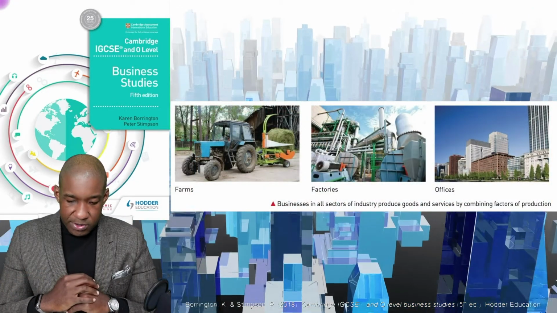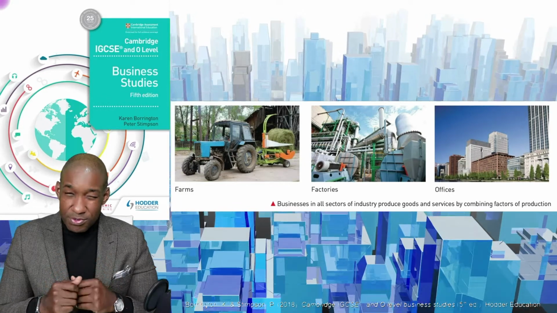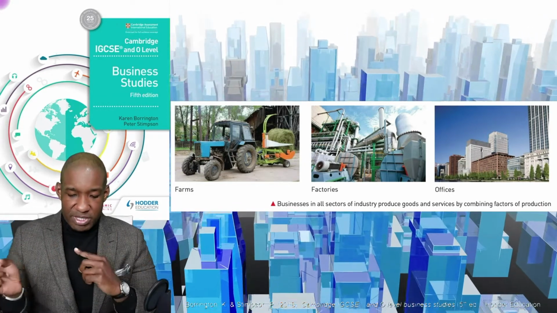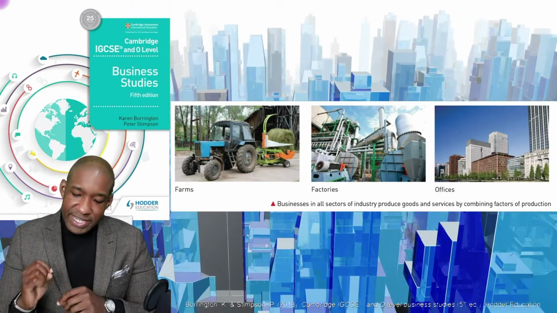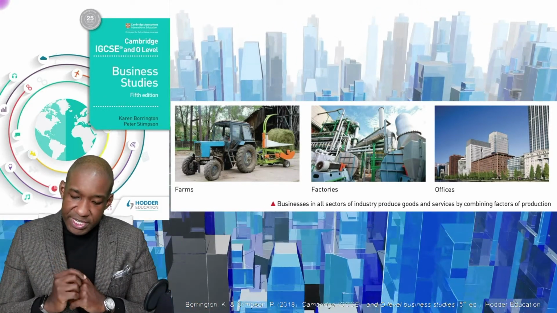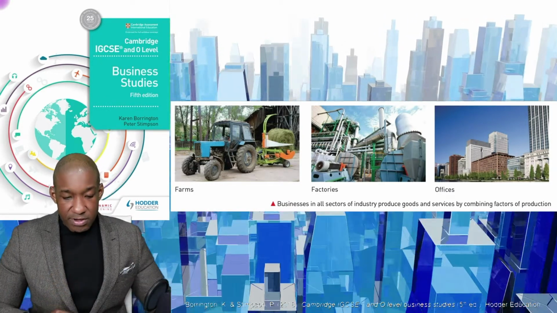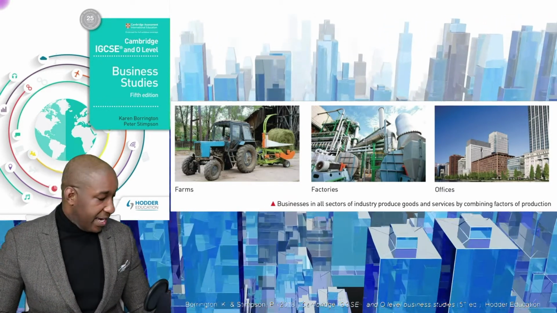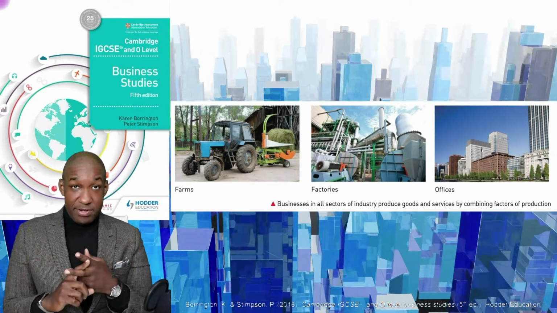So here we go. We're showing how businesses in all sectors of industry. We're going to discuss sectors, but later. But there's a good little hint. Businesses in all sectors of industry produce goods and services by combining factors of production. Farms. Obviously, land is a big portion of farming. Labor, right?